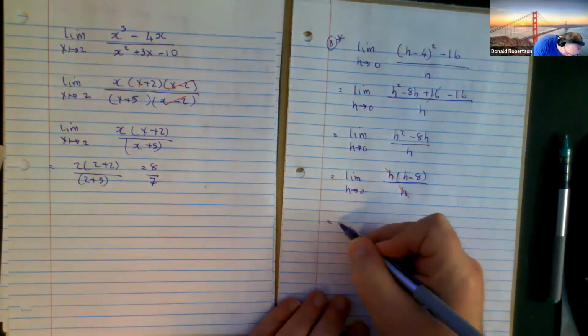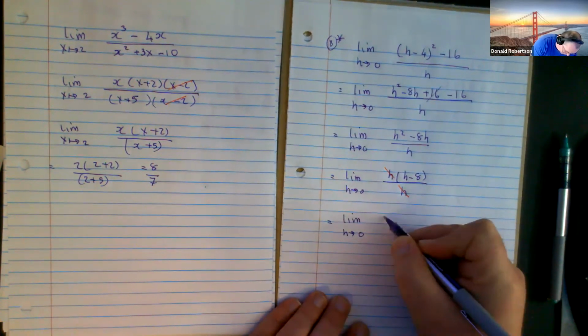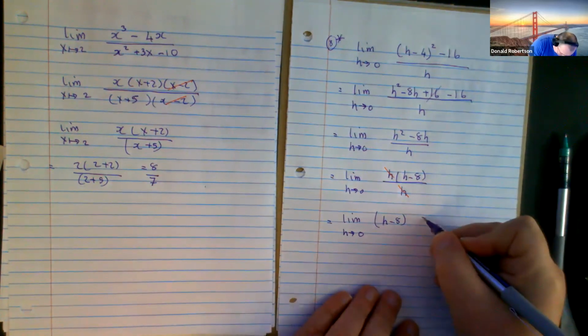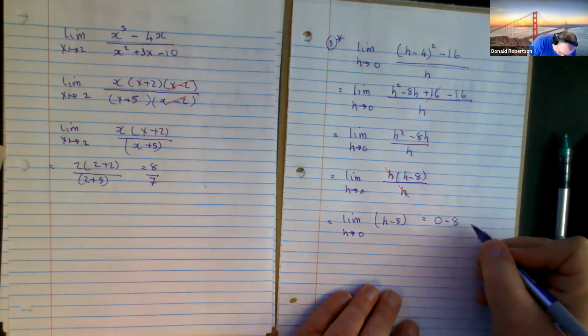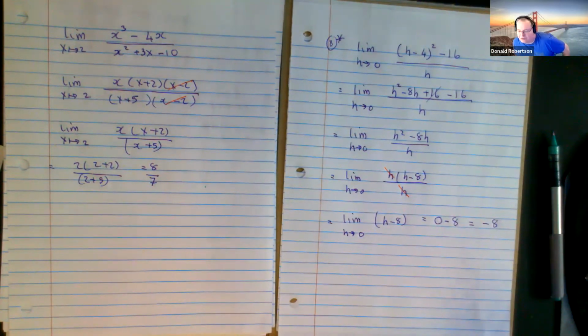And you're now going to be left with the limit as h tends to 0 of just that guy. And now I can do the brute force by replacing h with 0, combining all the numbers, and the answer is -8. We're looking good at factoring.